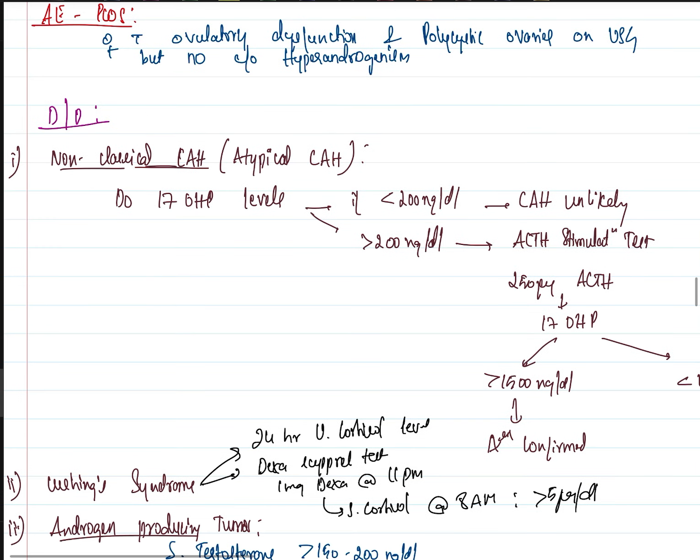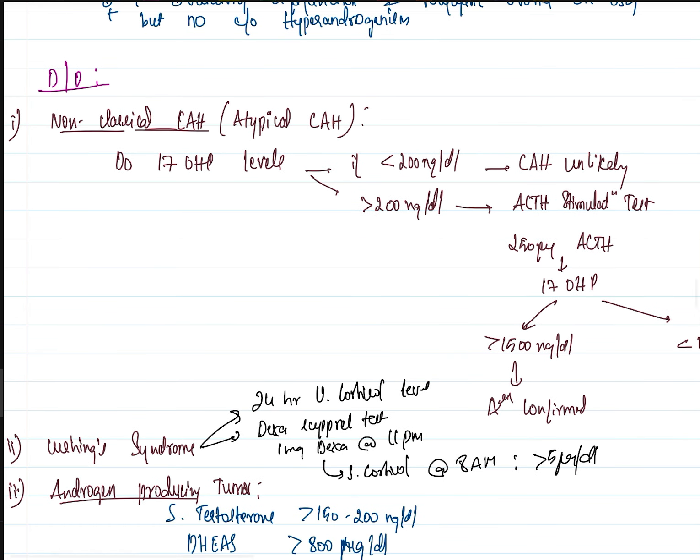Okay, what are the differential diagnoses of PCOS? As we have already told, non-classical congenital adrenal hyperplasia, which is an atypical one. So how do we diagnose this? Do a value of 17 hydroxyprogesterone level. If it is less than 200 nanogram per deciliter, CAH is unlikely.